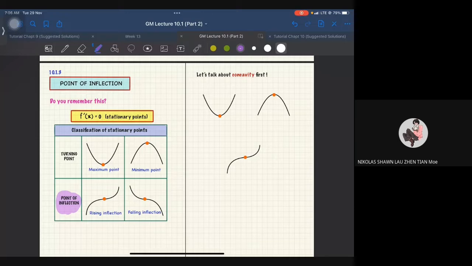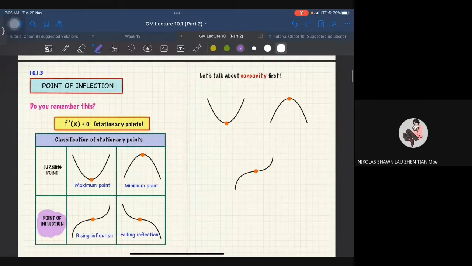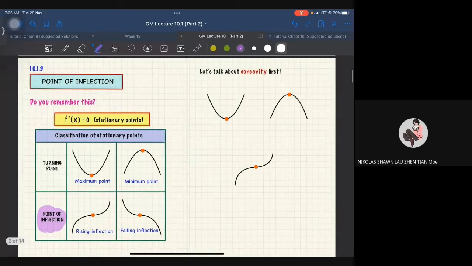Concavity kalau ikutkan awak ada jumpa this word in physics lah, tak silap saya. Awak belajar pasal concave lens, you learn about convex lens kan. Kanta cembung, kanta lengkung, whatever. Concavity kalau dalam matematik, maksudnya benda yang sama jugalah. So we can say concavity ni dia lebih kurang macam lengkungan.